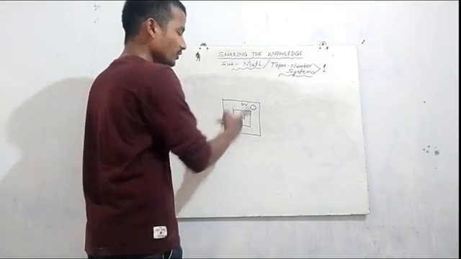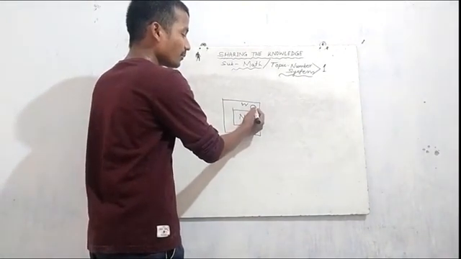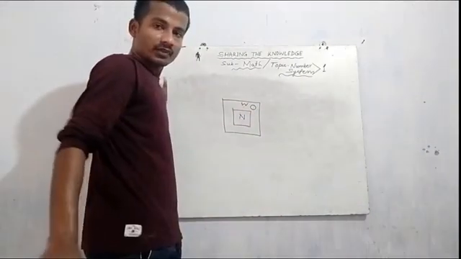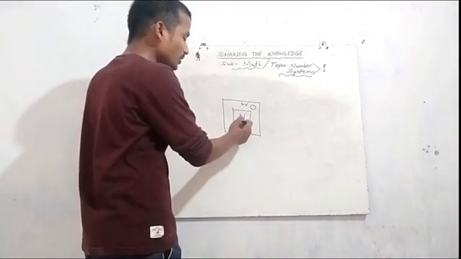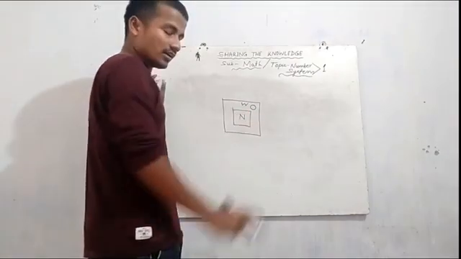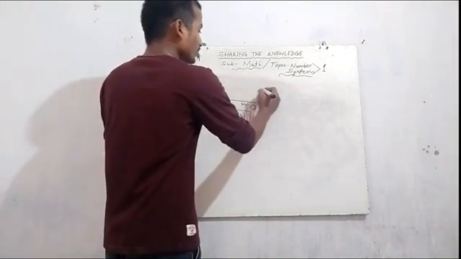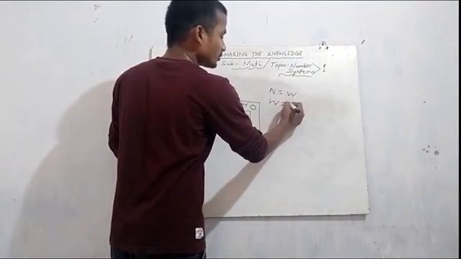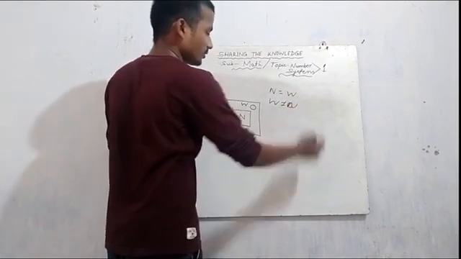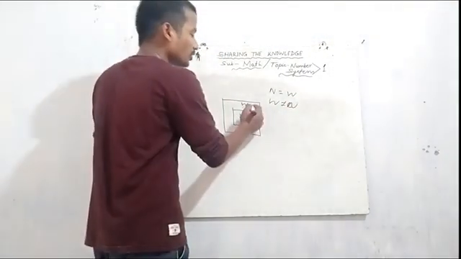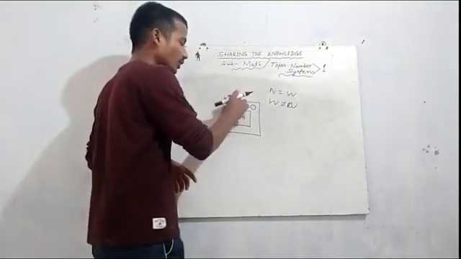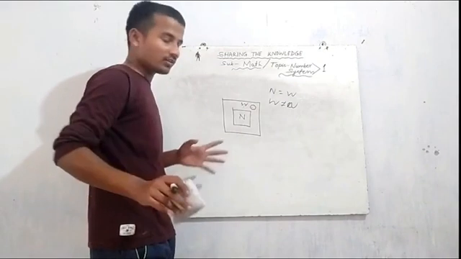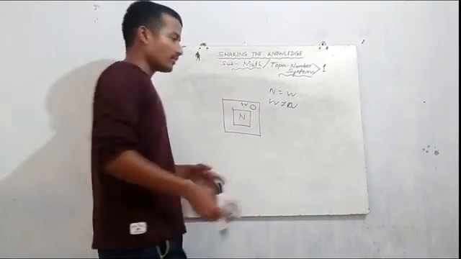All natural numbers are whole numbers, but all whole numbers are not natural numbers. Because a whole number has 0, a natural number does not have 0, so a whole number is not a natural number, but a natural number is a whole number. Understood? Very easy.